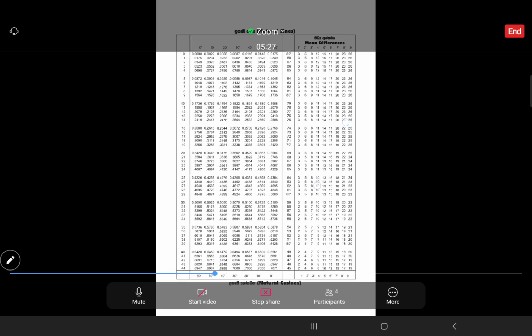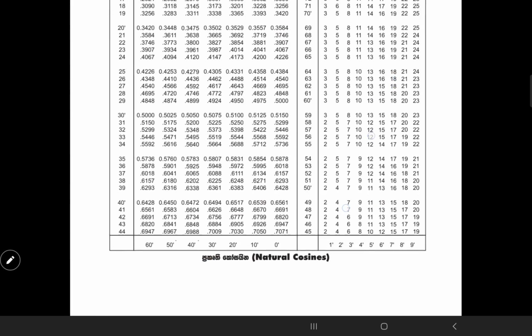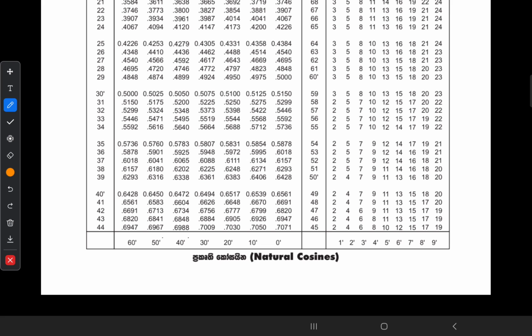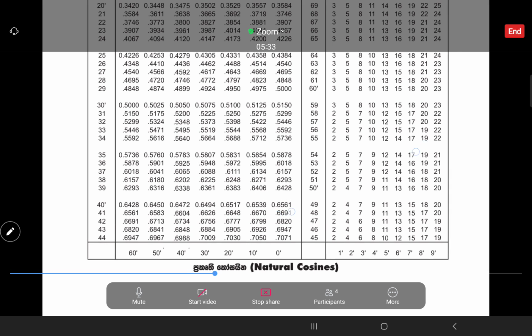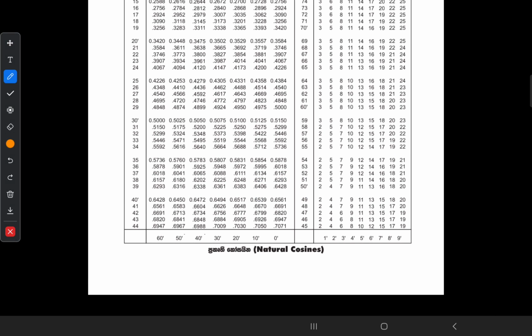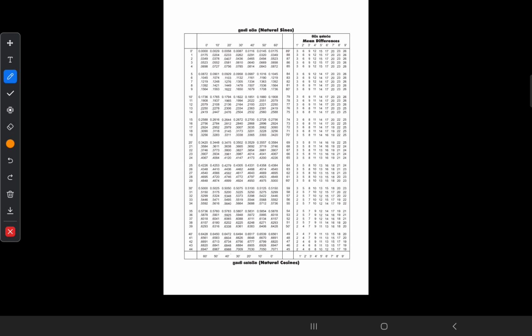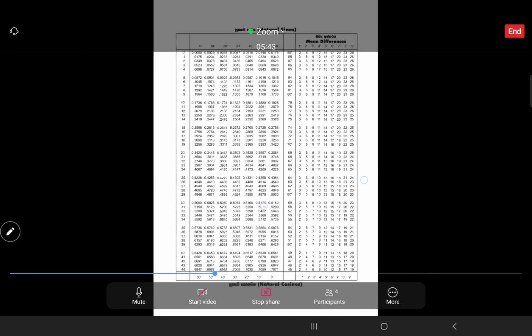Natural sines, 44 degrees 50 minutes. When you are looking at the sine, you should look from top to bottom. This is the direction you should consider while finding the sine value.